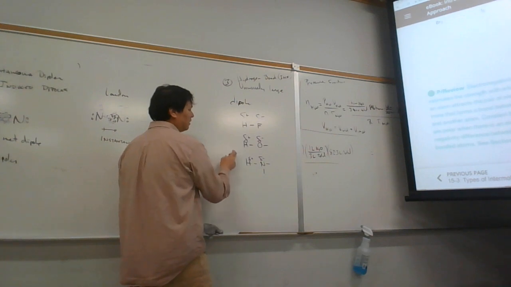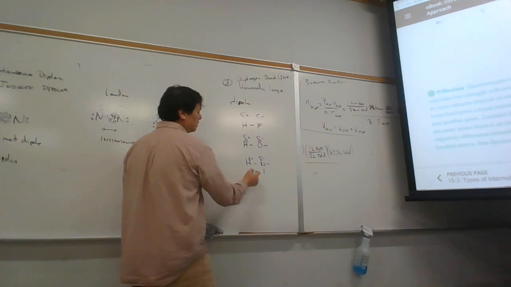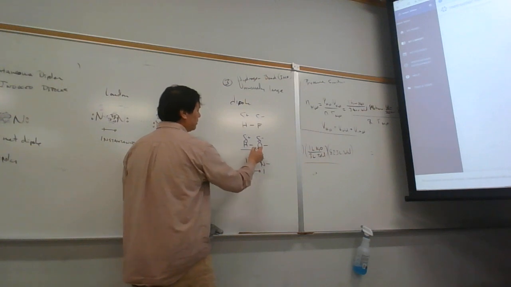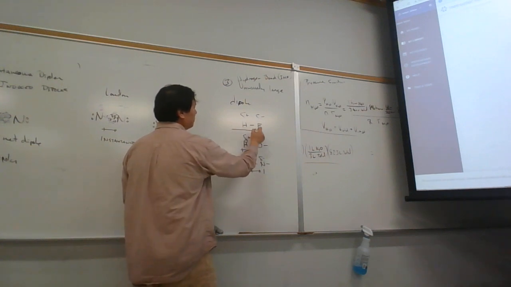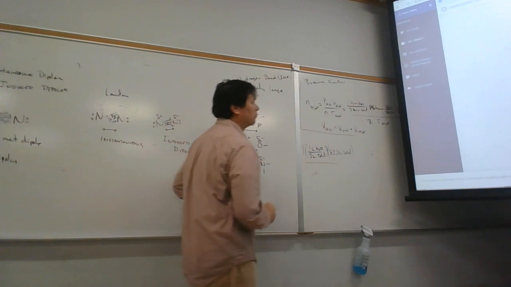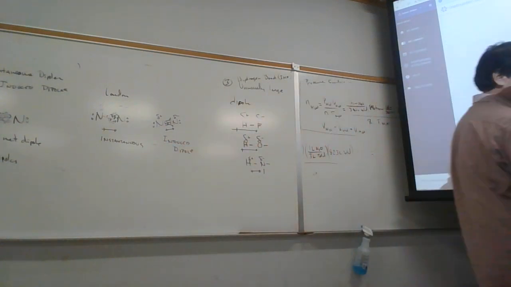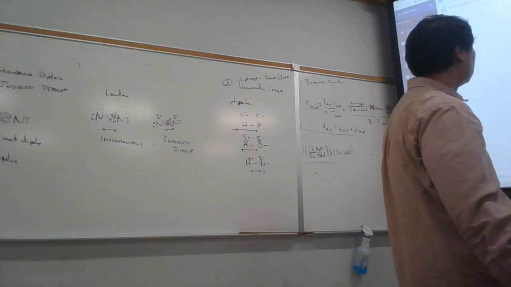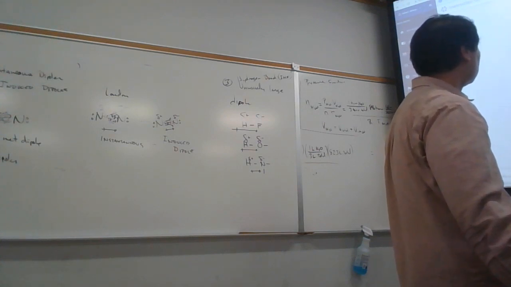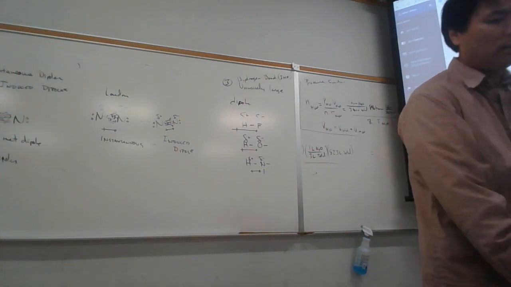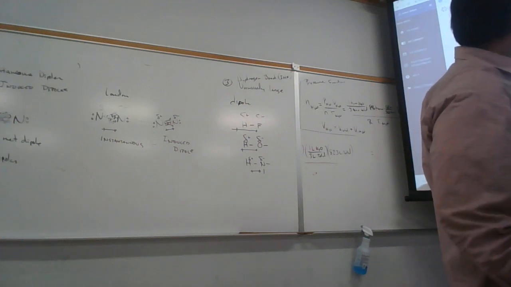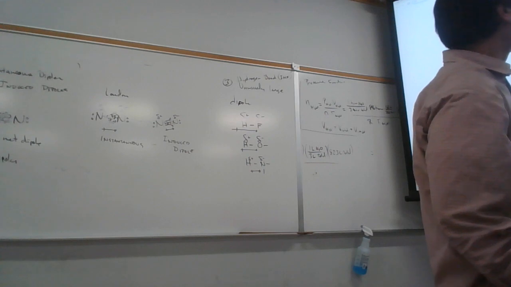But these are still very large compared to other dipoles. And so things that hydrogen bond have strong IMFs.